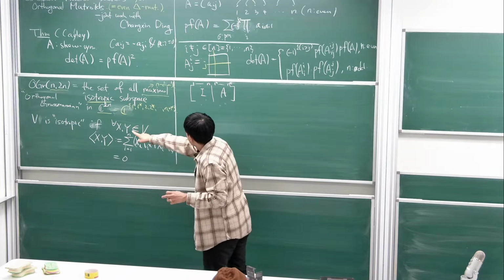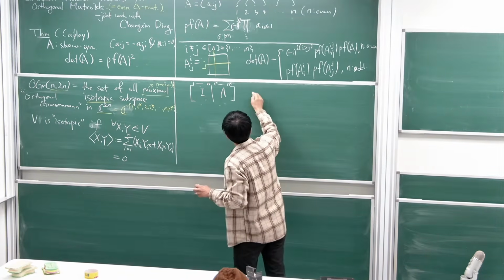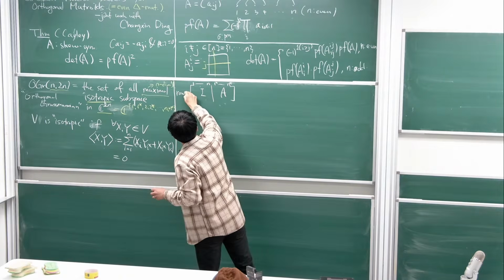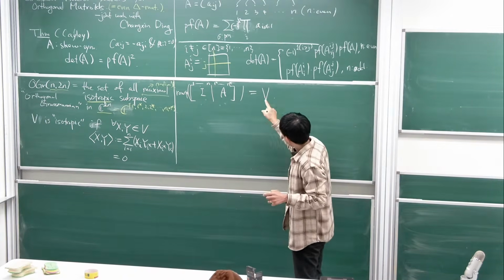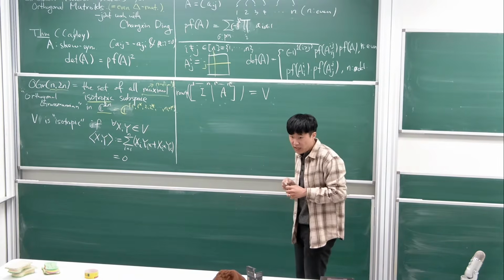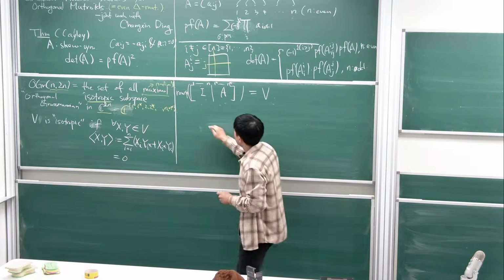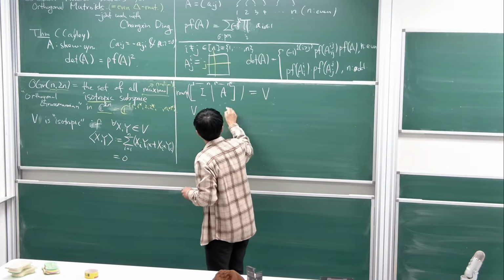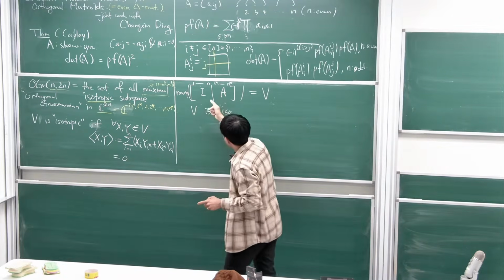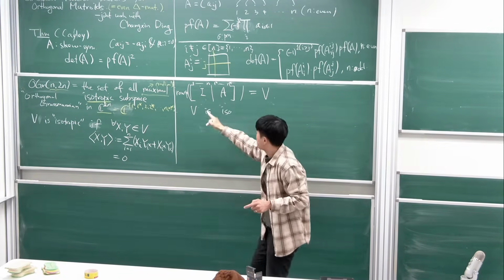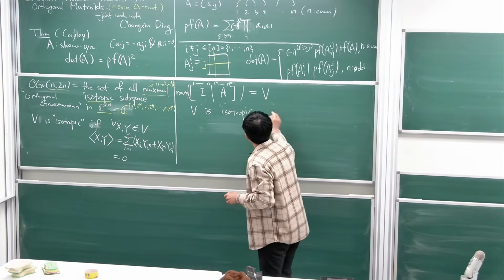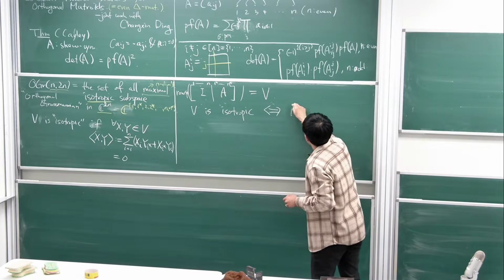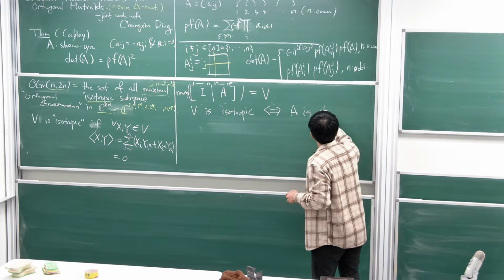Our V is the row space of B. Then V is n-dimensional because of this identity part, and it is isotropic if and only if A is skew-symmetric.